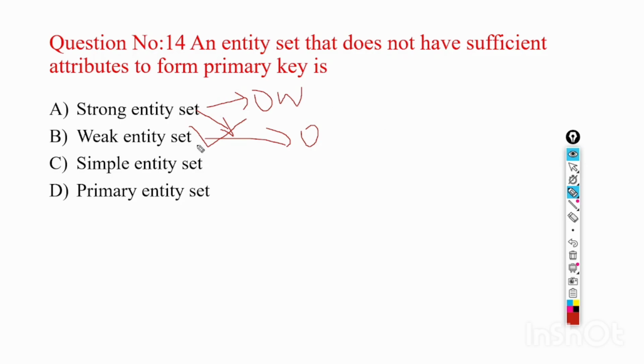A strong entity has its own primary key, but a weak entity doesn't have its own primary key. We depend upon the strong entity to get the primary key.